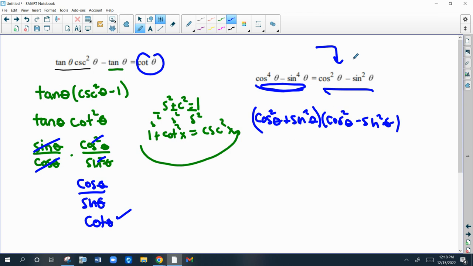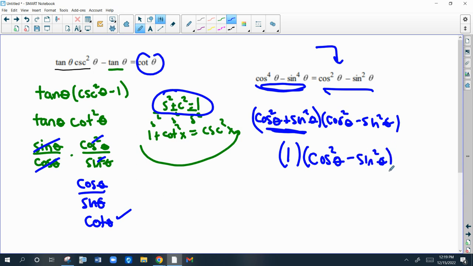And then since we're dealing with squares again, you want to check your Pythagorean identities. And remember, sine squared plus cosine squared equals 1. So this is exactly equal to the right-hand side. So we're done. QED. That's what we were trying to show.